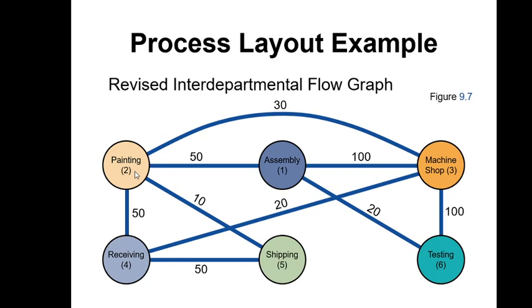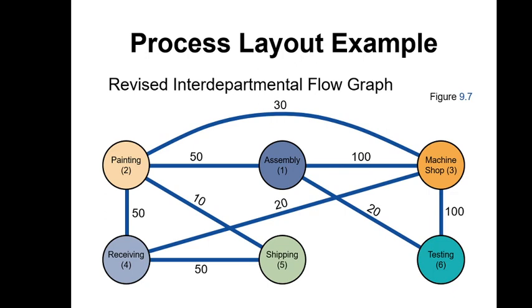If you notice here, we always start with number one, the assembly department. Now we have to move 50 loads to department 2, from 1 to 2, adjacent. So 50 multiplied by 1 is 50. Also, we have to move 100 loads from the assembly department to the machine department, multiplied by only 1.